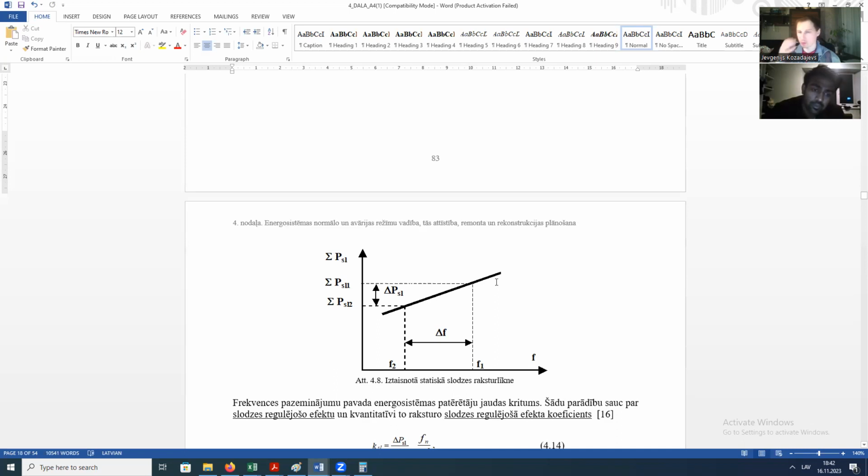So that's why we are going to discuss static regulation, static control. What is this curve?